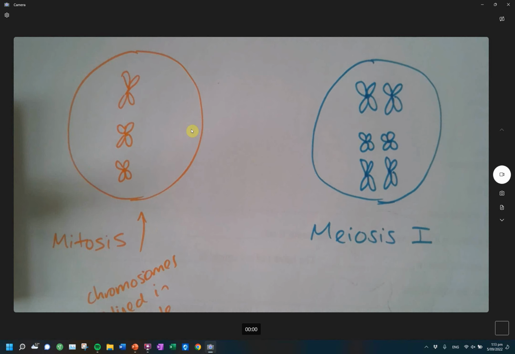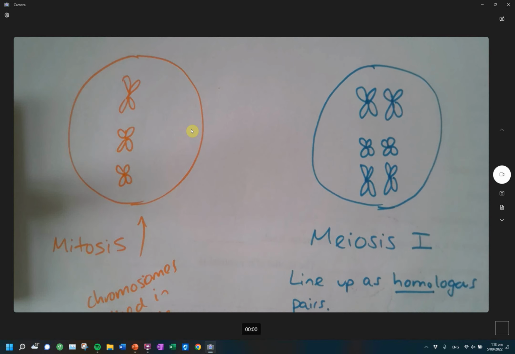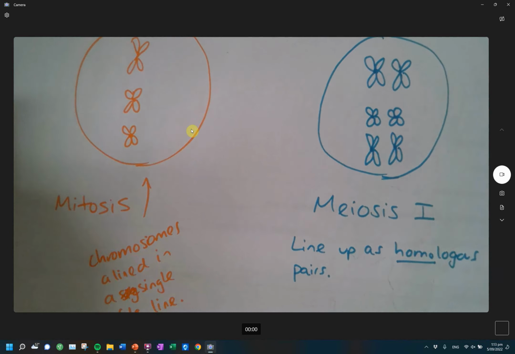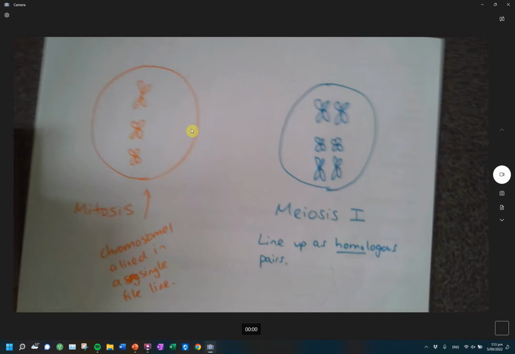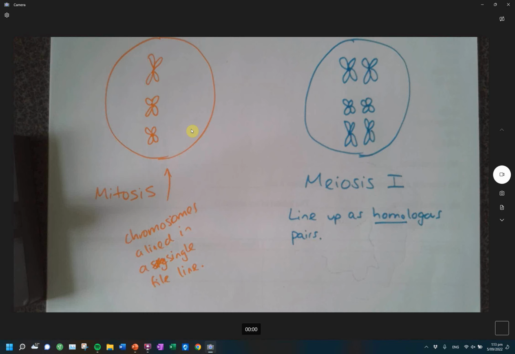Do you guys remember what homologous pairs are? When we see the word homologous, what does that remind us? The homo. The same. So two of the same. Do you remember how many chromosomes we have? We have 46 total. How many pairs would that be? 23 pairs.